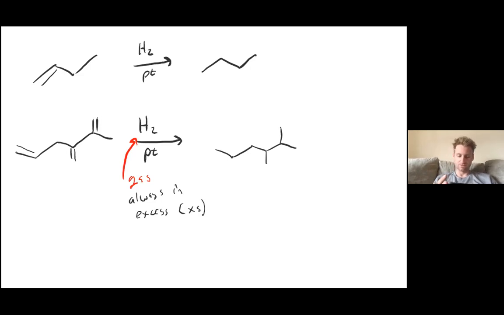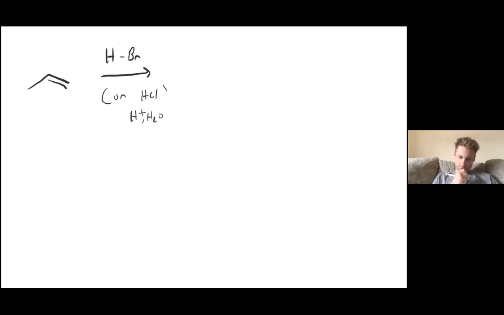So let's start getting into some more complicated reactions. For instance, we are going to take this alkene here. If we add in something like HBr or HCl, what we'll have happen is we are going to pick up a proton.